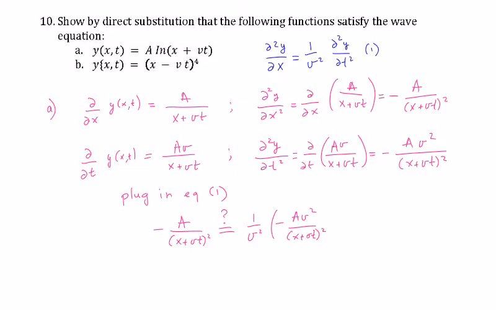Well, if we do a little simplification, we see these v squares cancel out, and we end up having negative a over (x plus vt) squared on the left side, and on the right side we have negative a over (x plus vt) squared, which are equal to each other. Therefore, yes, this function satisfies the wave equation.